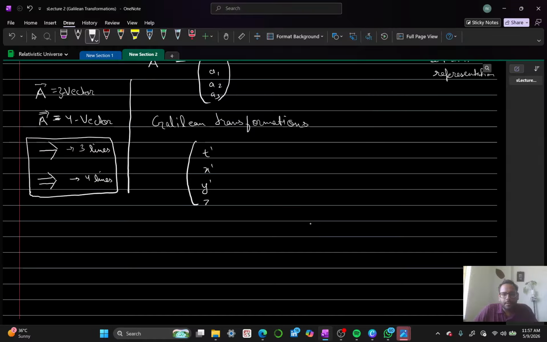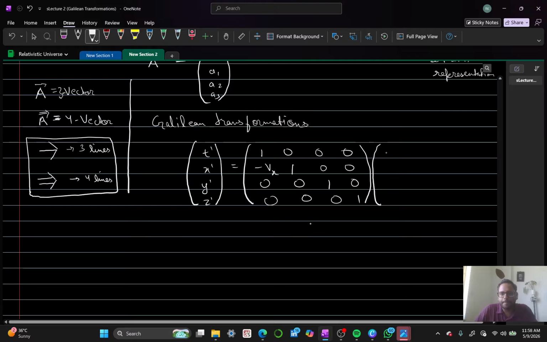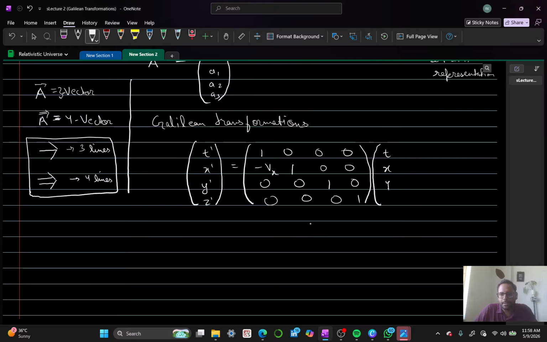This is my vector in the prime frame, and it can be written as a transformation matrix, with minus Vx, and then 0, 1, 0, 0, 0, 0, 1, applied on my vector t, x, y, z.